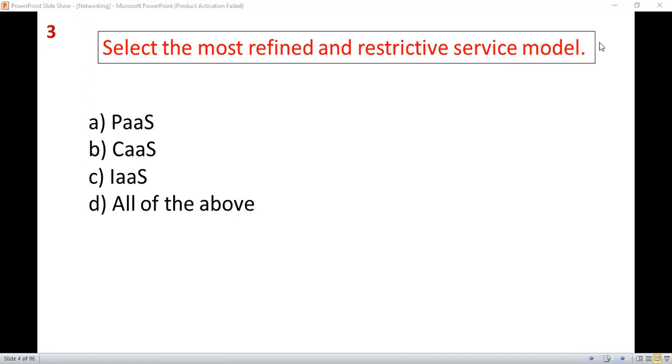Guys, if you don't know the meaning of restrictive service model, or whatever you see in the options like PaaS, CaaS, IaaS, just ask me what the meaning of this particular word is, so that you will be aware of all the words in networking.